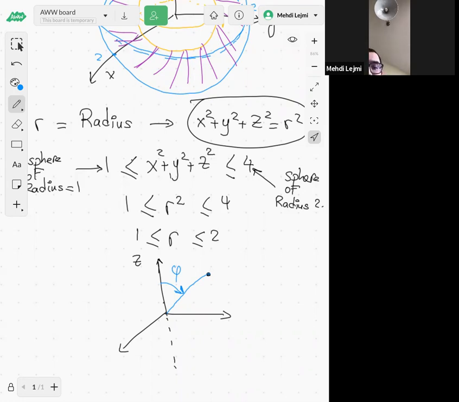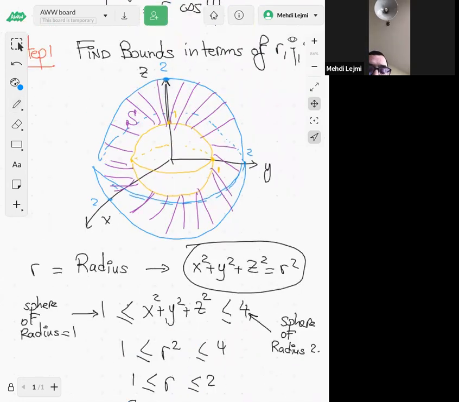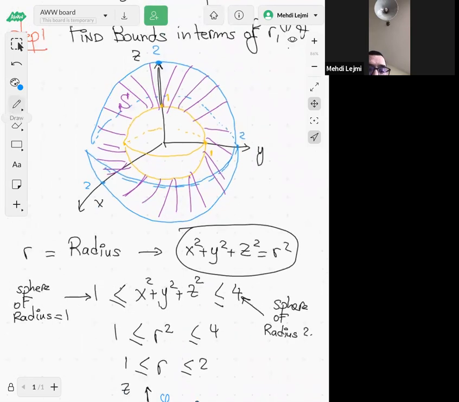So here in our region, in this solid S, if you have a point here, the angle here will be 0. But if you have a point here in the bottom, then this would be your angle phi, right? Anyway, so phi goes from 0 to pi.